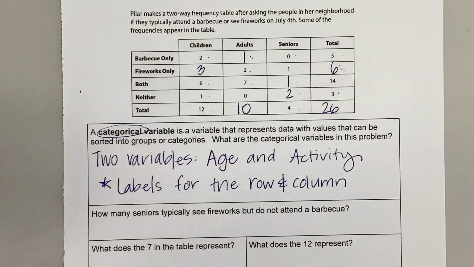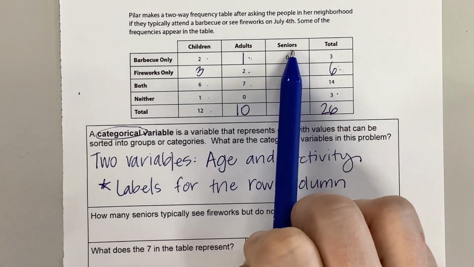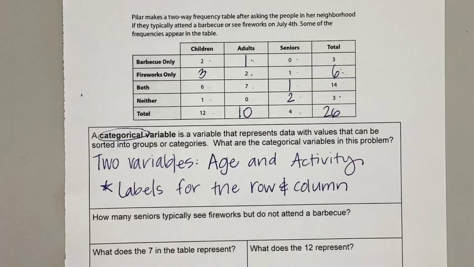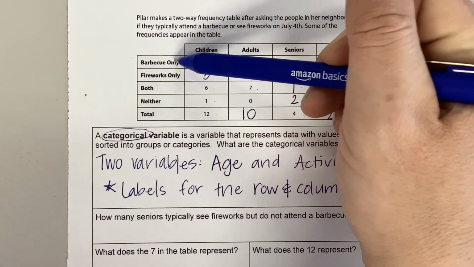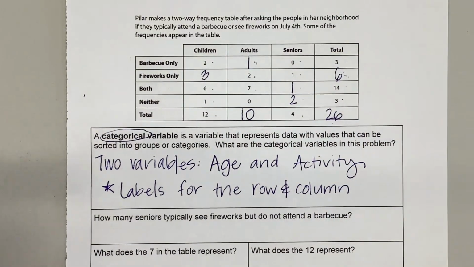If I was going to label the top, children, adults, seniors, I'd put age. If I was going to label the column, barbecue only, fireworks only, both or neither, that's the activity you completed.